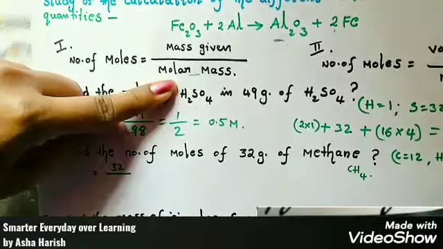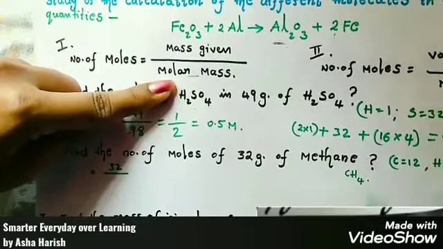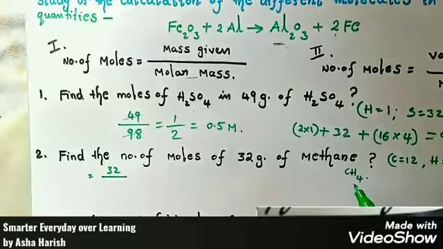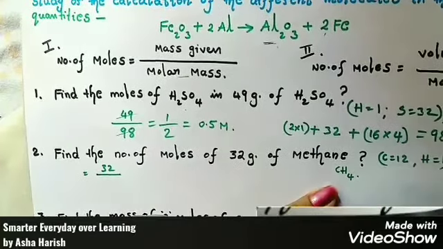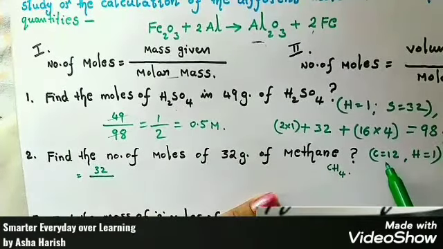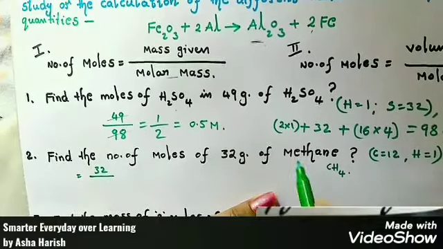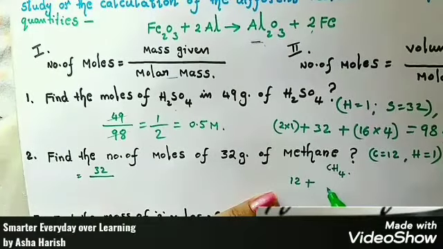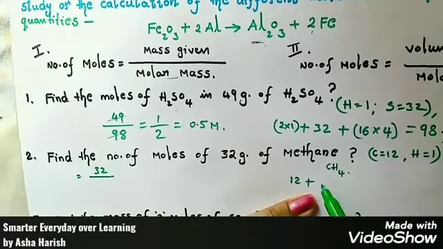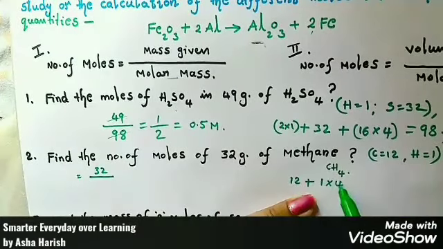So for this, students, you have to find out the molecular mass of methane. In methane, a carbon atom is present and hydrogen atoms are also present. So students, the carbon molecular mass they have given here, that is 12. So 12 plus hydrogens, only 4 atoms are present here. Hydrogen mass is only 1 into 4.